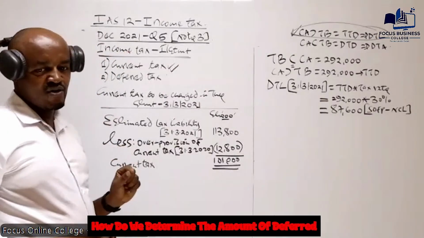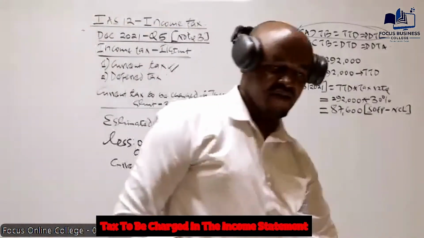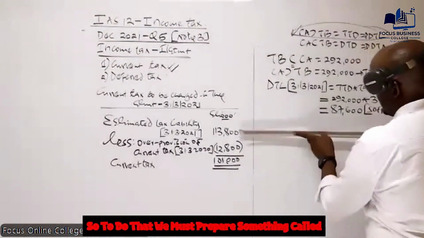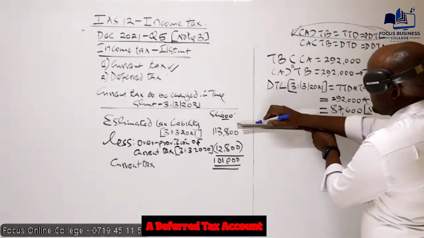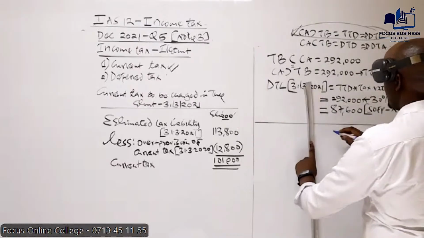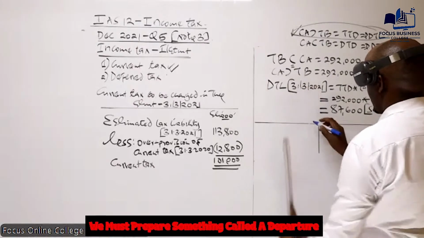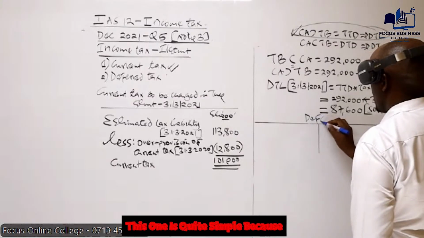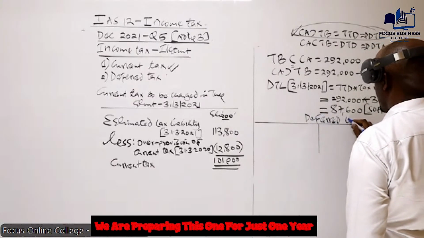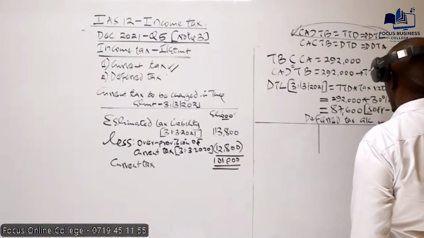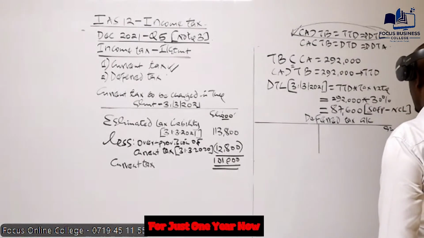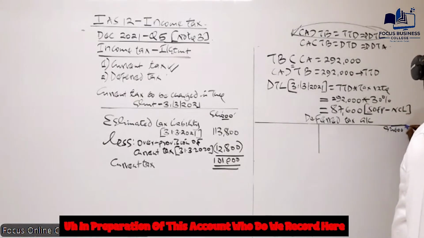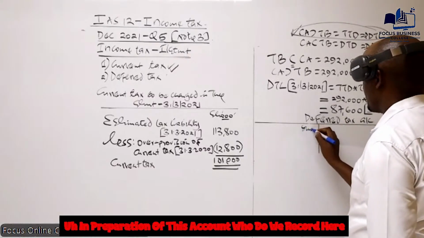How do we determine that? We must prepare something called a deferred tax account, although in this case it is quite simple because we are preparing it for just 1 year.